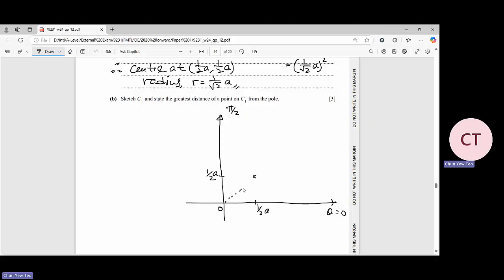If you use Pythagoras' theorem, you can find that the distance from the center to the pole is exactly the radius. That means your circle will pass through the pole. So you just need to use a protractor to draw it carefully. Make sure your circle passes through the pole.